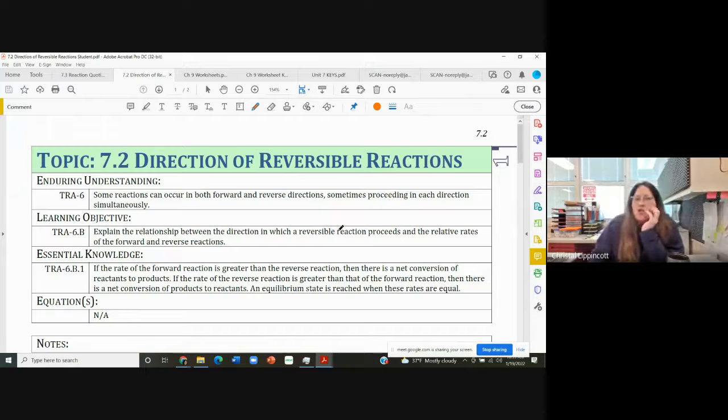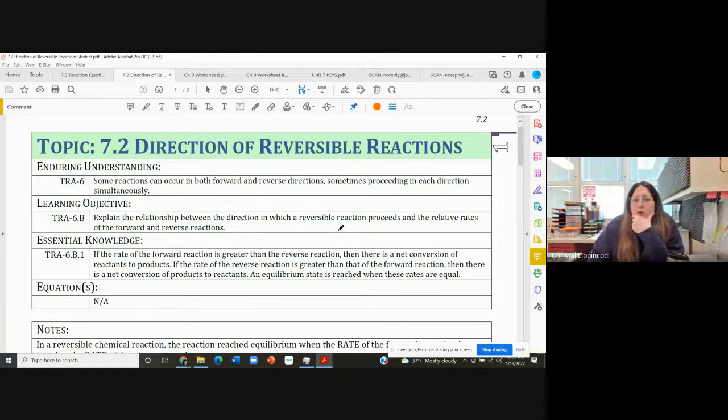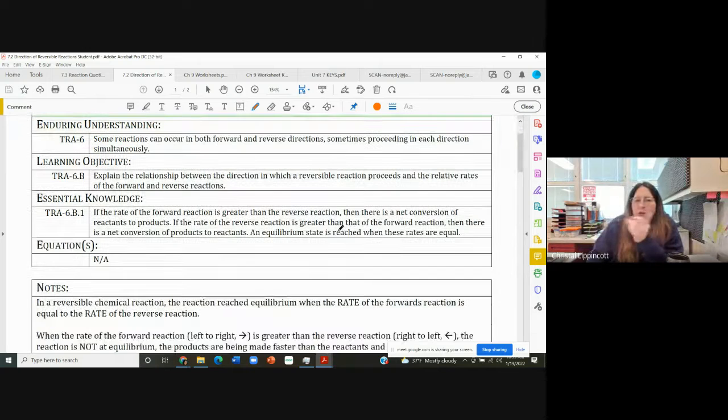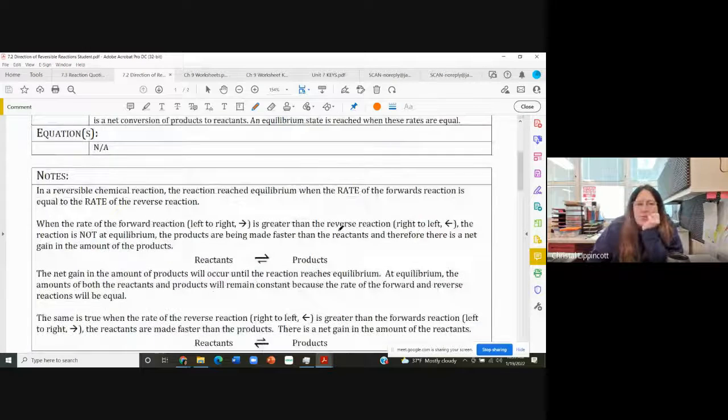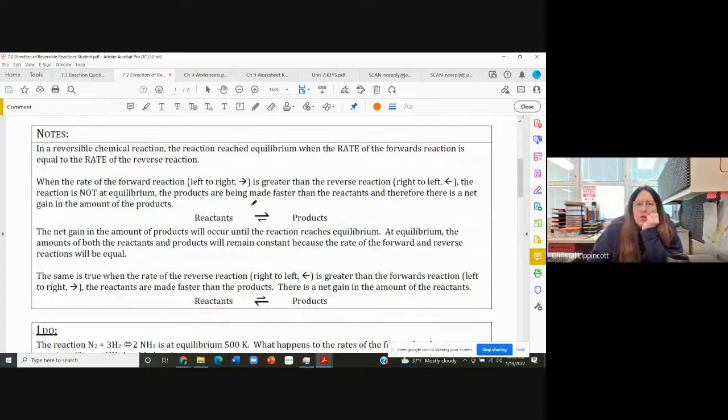So, direction of the reversible reaction. Which way is it going to proceed? In a reversible chemical reaction that has reached equilibrium, the rate of the forward reaction equals the rate of the reverse reaction. When the rate of the forward reaction is greater than the reverse, the reaction is not at equilibrium.